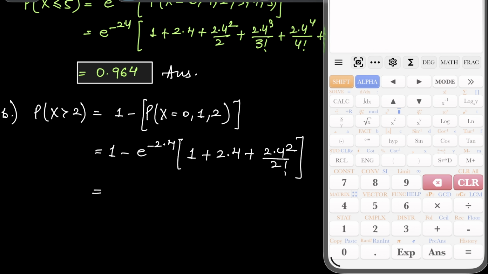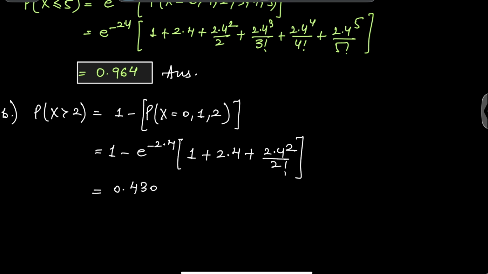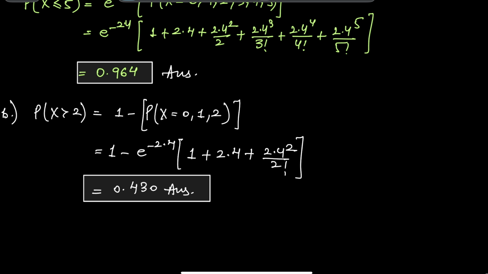In the bracket we have 1 plus 2.4 plus 2.4 squared divided by 2. Okay, so keep the bracket closed and we are getting the final answer as 0.430. So this is the final answer for part B.